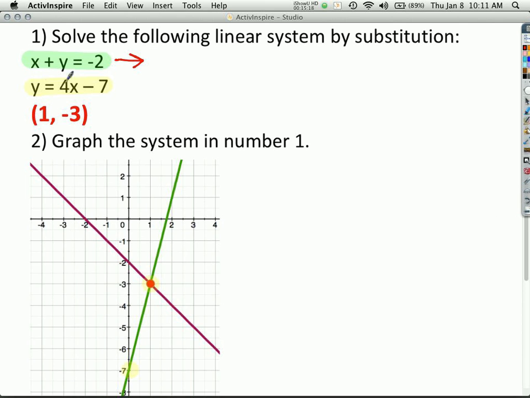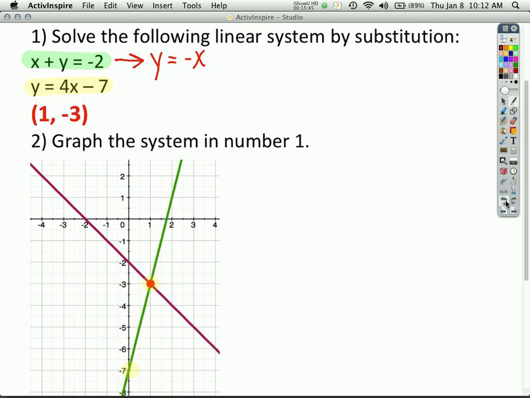You subtract x from both sides and you get y equals -x minus 2, and then you can see that the y-intercept there is -2. She also figured out the slope, the opposite of A over B. Either way, that's great. And so she put a point here, and then went up 1 to the left 1, put another point, drew a line through it. So that's a great approach.